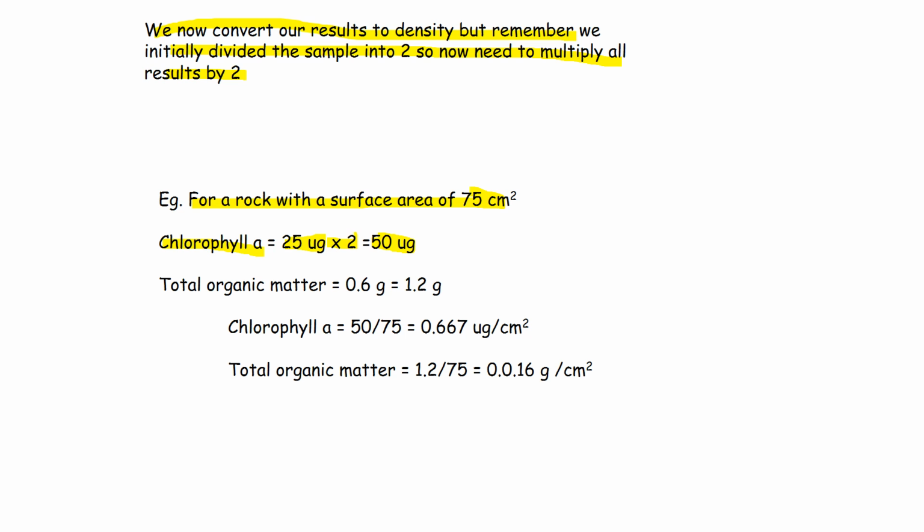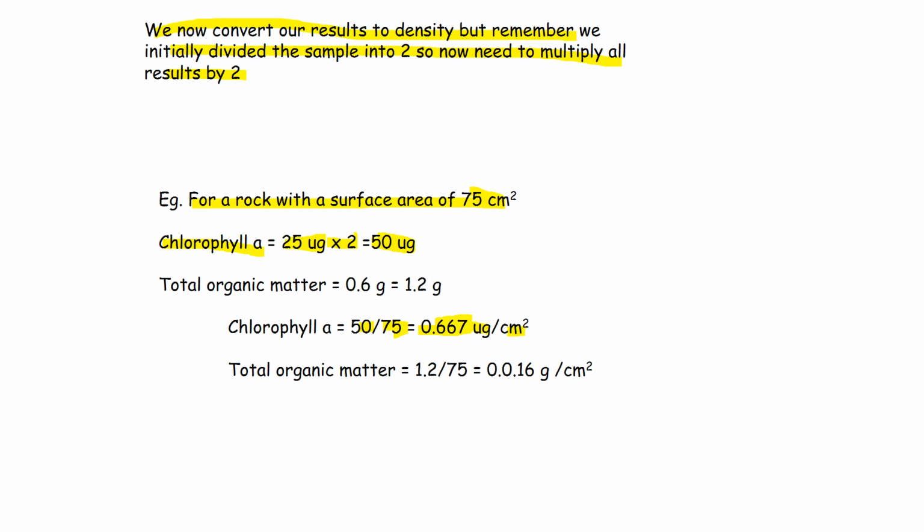So to convert this to a ratio per surface, we take our 50 and divide by 75 centimeters squared, and it gives us a value of 0.667 micrograms of chlorophyll A per centimeter squared.